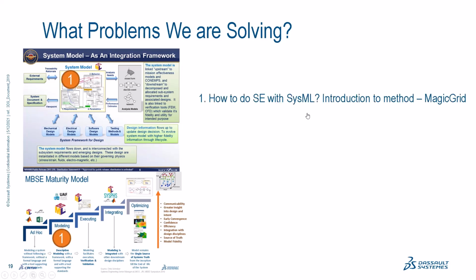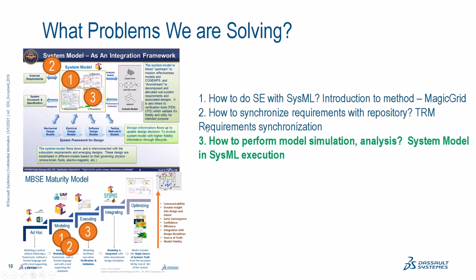Now we'll go to the next step, and so how to perform model simulation and analysis. So this is performed again on the system model, and this is execution, the third step on the maturity. The previous two steps were the modeling steps, when we adopt actually the core part of model-based system engineering, and it was like here the system modeling method and framework and requirements synchronization here.